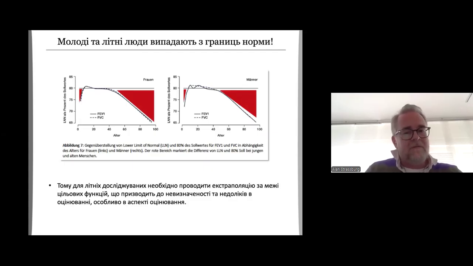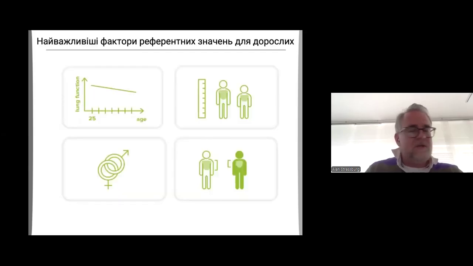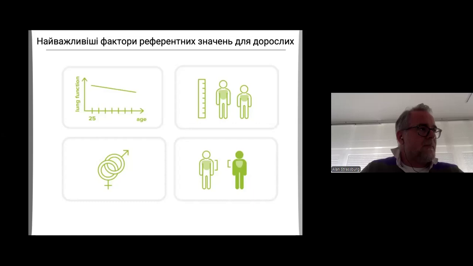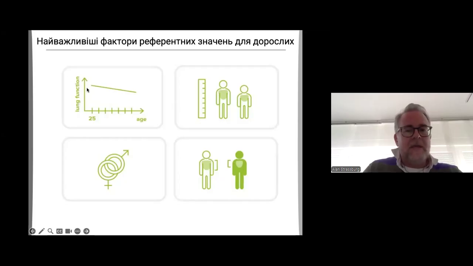And it could very well be that in the elderly, for example, we overestimate or underestimate the volumes compared to the reference volumes. Therefore, we need to take a closer look at the important factors of the reference values of adults, which make a difference.